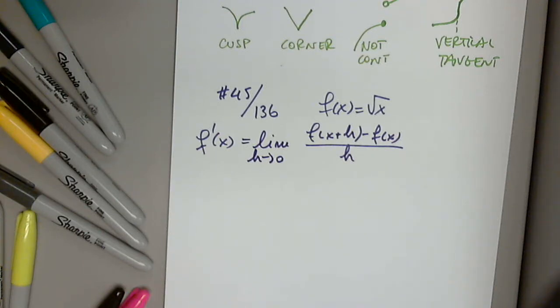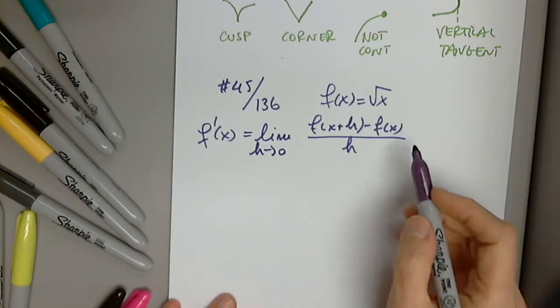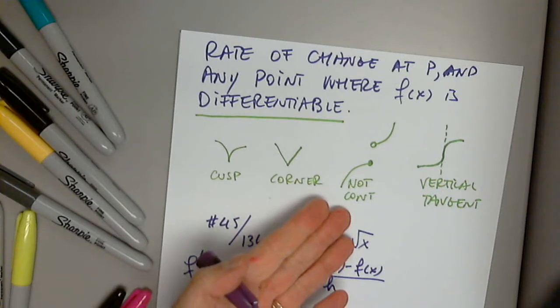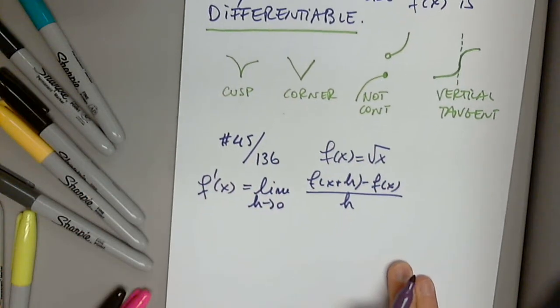They together will give us a function that, when I use it, I will be able to determine the instantaneous rate of change of function f of x at any point where the function is differentiable. Okay? So we'll discuss in a moment when the function is not differentiable. First of all, if it's not continuous or it doesn't exist, then the function is not differentiable.